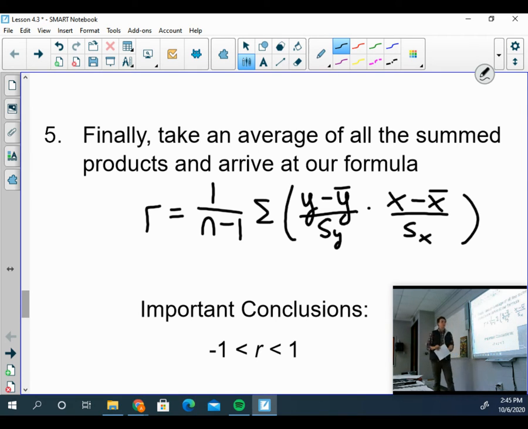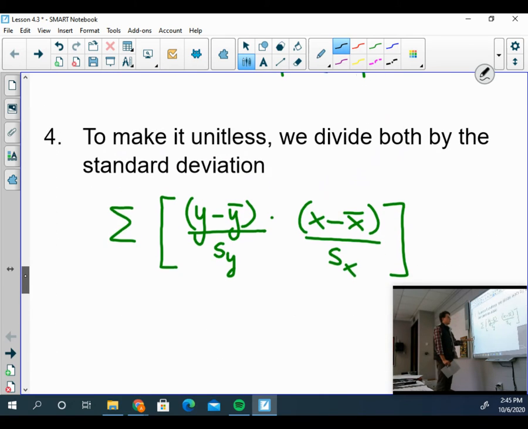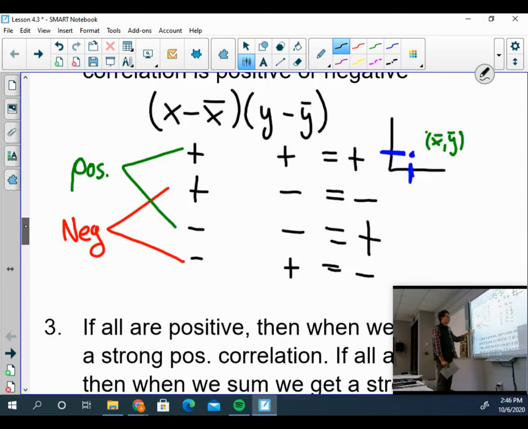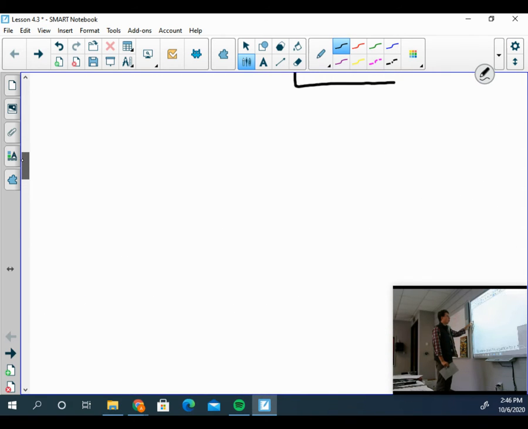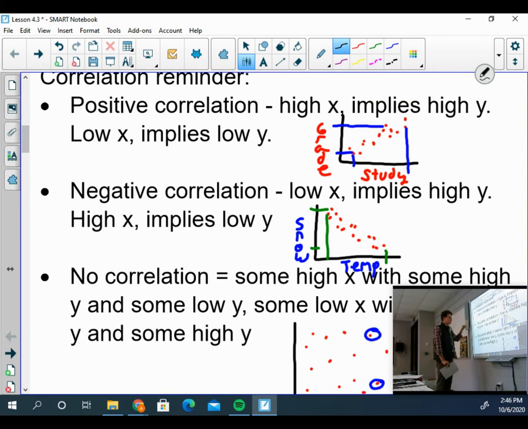Now, if you're sitting there going, what in the world, Mr. Carter? I have no idea how you came up with that formula. It's okay. I don't need you to regurgitate this formula, or to calculate R by hand with it. What I want you to understand is statisticians built this formula on these principles.